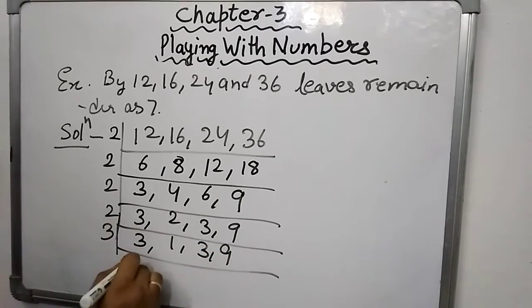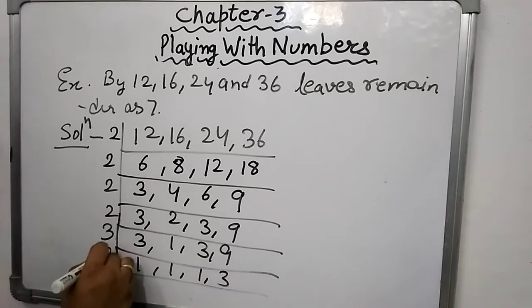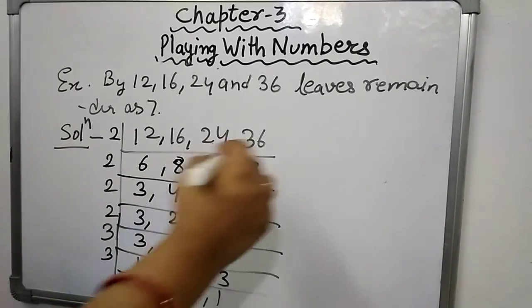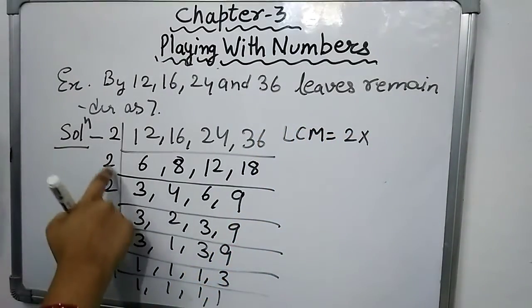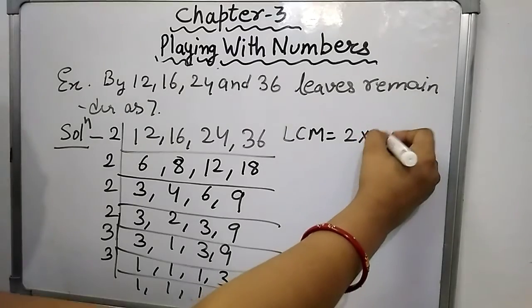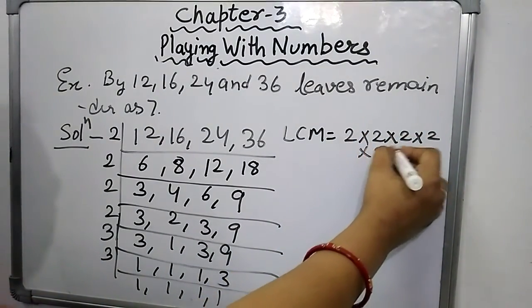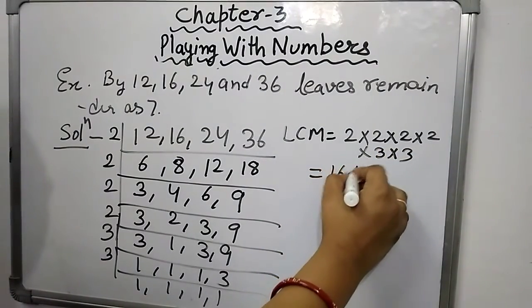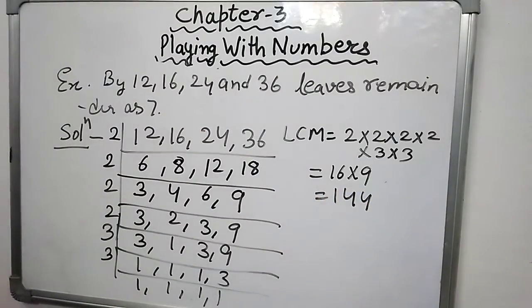And we can divide by 3. One more 3 is required. So this is the repeated division. So the LCM of these numbers is 2, 2, 2, 2, 3, 3: four 2s and two 3s. Multiply them, and 144 is the LCM.